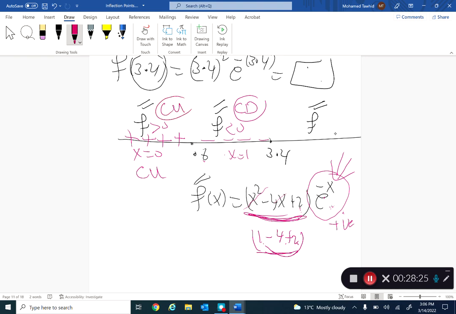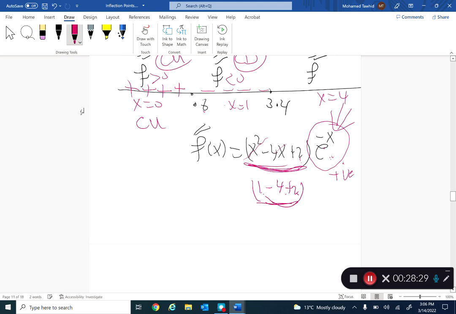And what is the last one here? Take x equal 4. What do you get when x equals 4? Your second derivative at 4 is 16 minus 16 plus 2. The 16 cancels with 16.